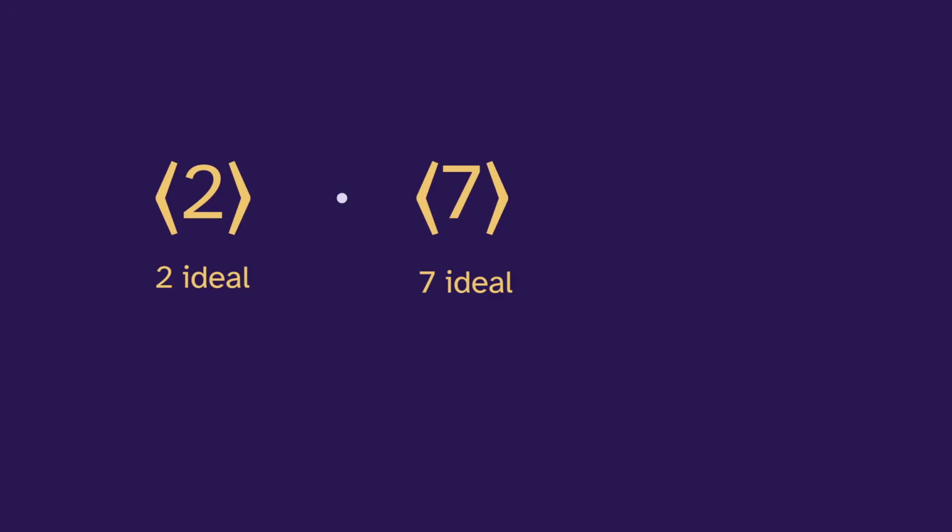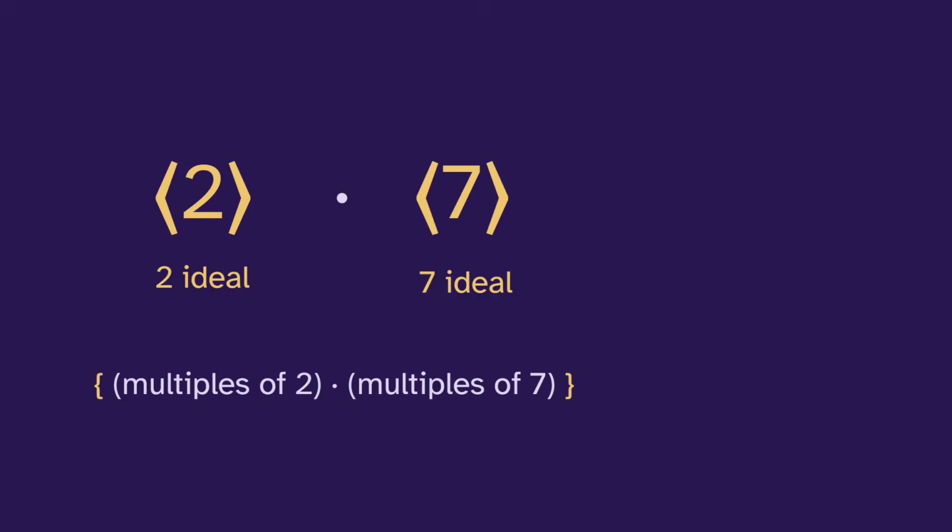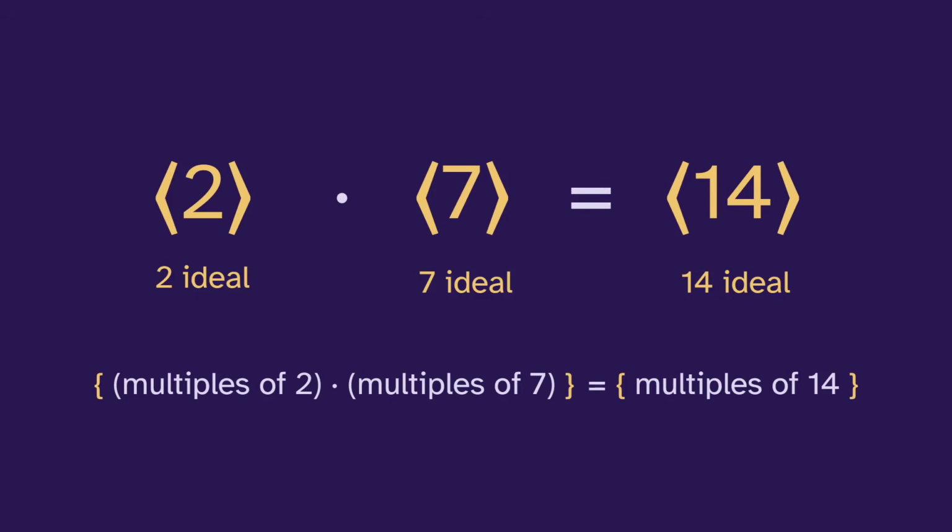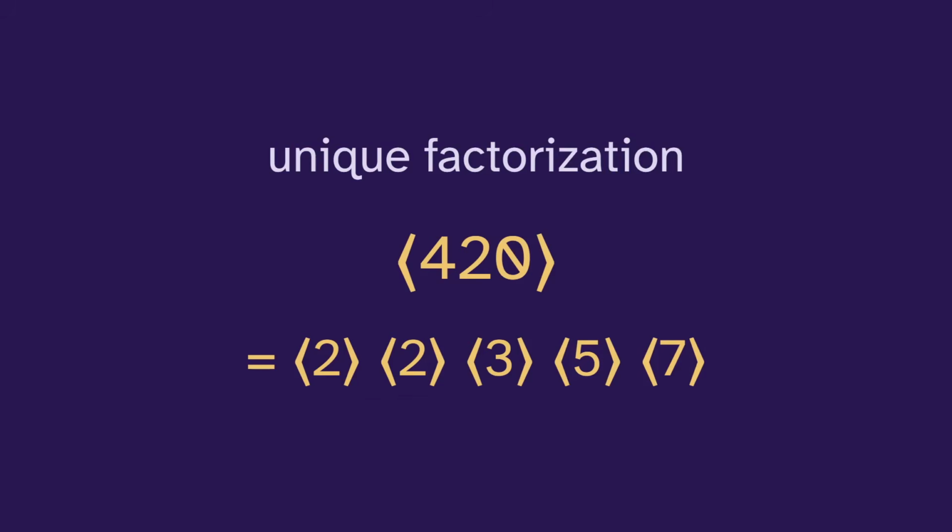The 2 ideal times the 7 ideal is all multiples of 2 times all multiples of 7, which ends up being all the multiples of 14, the 14 ideal. So multiplication makes sense, and this gives us unique factorization. The 420 ideal is the product of all of these prime ideals, and this is unique.